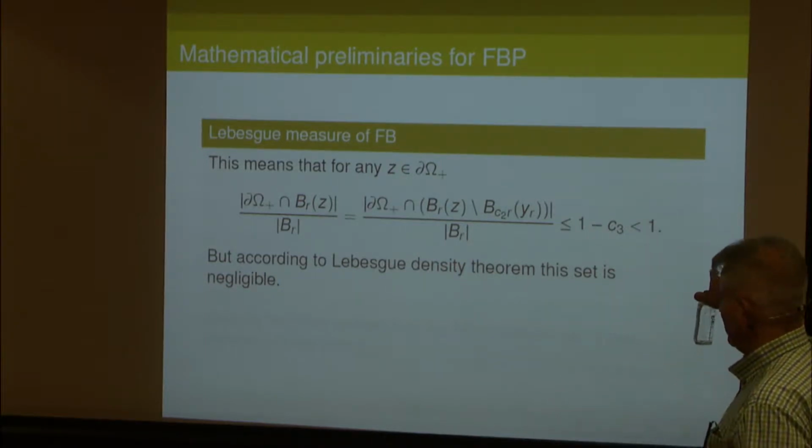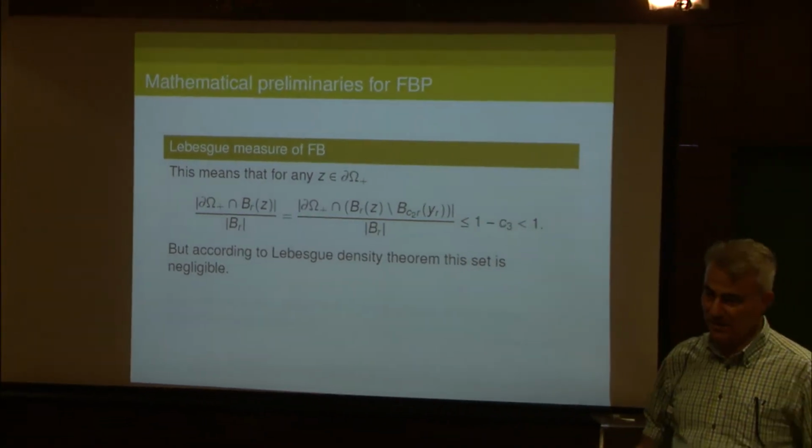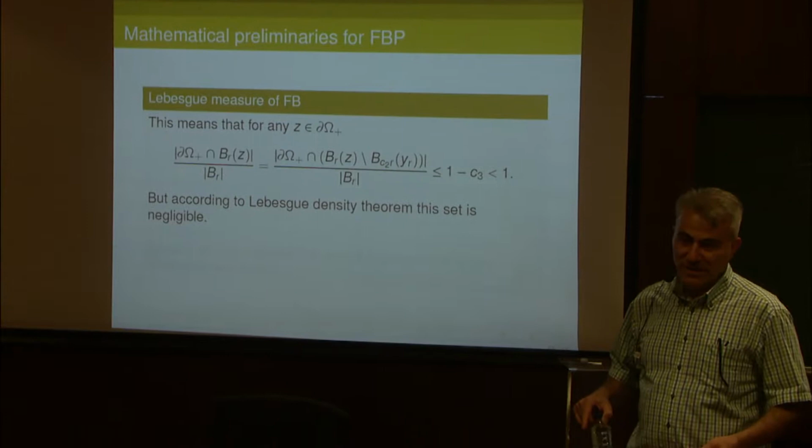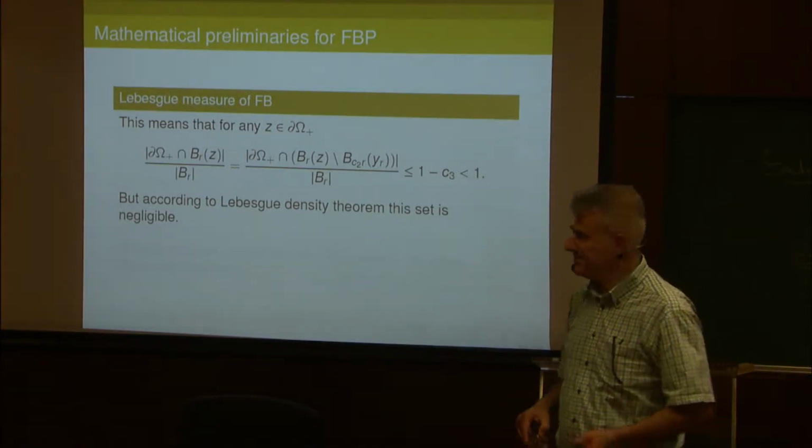It has to be less than 1. And if the density is less than 1, then the Lebesgue point theorem tells you that that set cannot have positive volume, because almost everywhere it is 1. If all points are less than 1, the rest has 0 volume.